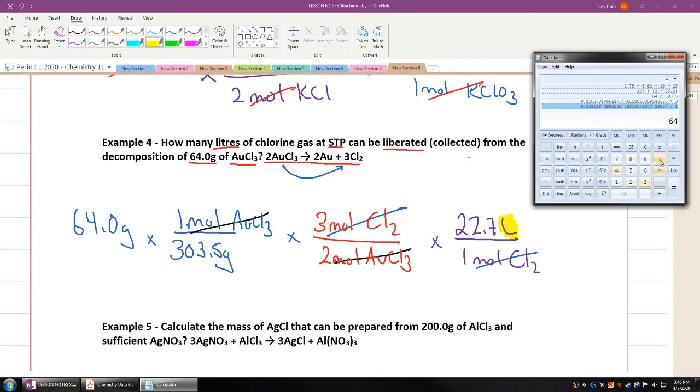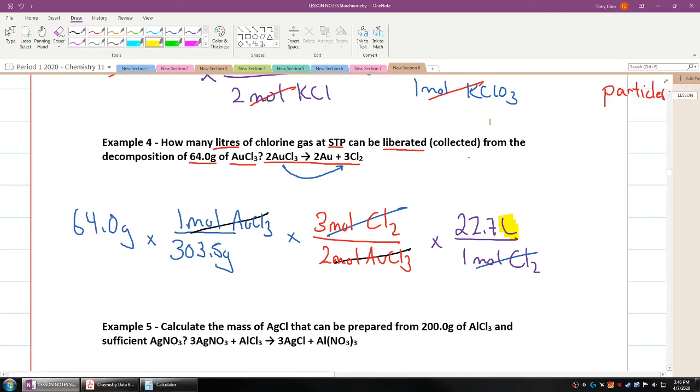Tiny little calculator later. Divided by 303.5 times 3 divided by 2 times 22.7. And I will get 7.18. So 7.18 liters.